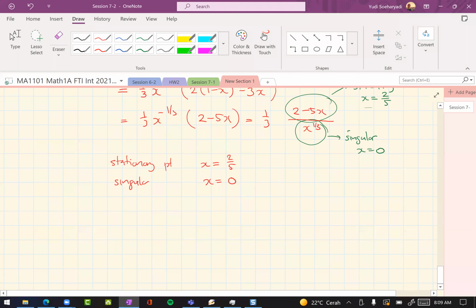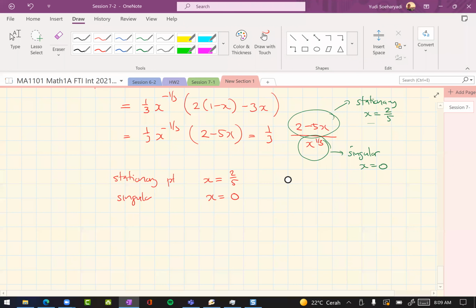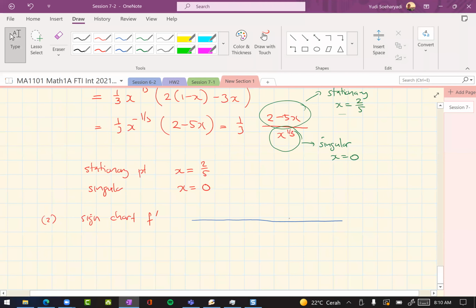And then a sign chart. We need to indicate 0 and 2/5.